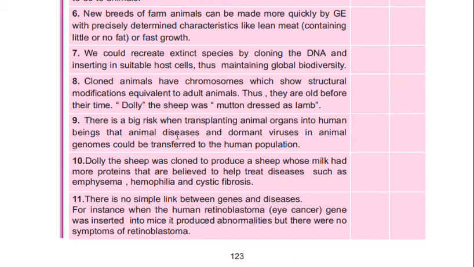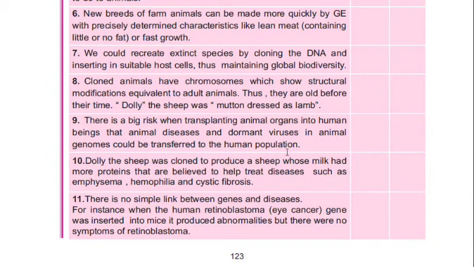9. There is a big risk. So when talking about risk, which is something negative, we're going to take it in negative. There is a big risk when transplanting animal organs into human beings. If we take an organ from an animal and transplant it into a human, there is a big risk that animal diseases, and viruses that are dormant, not active, in animal genomes, could be transferred into the human population.